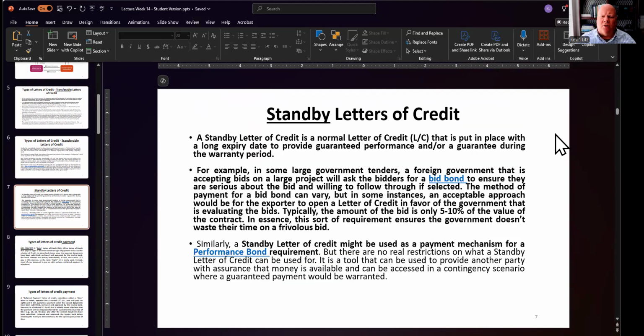There's another type of letter of credit called the standby letter of credit. And you can do this. There's a couple of very primary ways this is used. So I'm not necessarily using this to guarantee payment from my customer, quite the opposite.